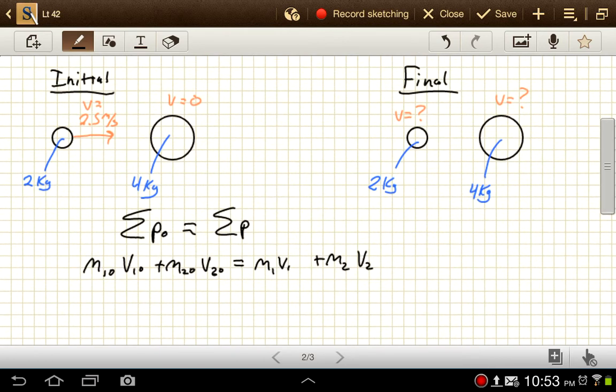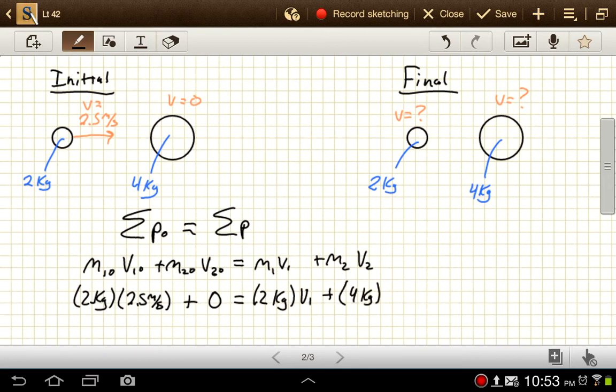Now mass 1, I'll call that 2 kilograms, and the initial velocity there is 2.5 meters per second, plus mass 2 was initially at rest, is equal to 2 kilograms times velocity 1 final, plus 4 kilograms times velocity 2 final.